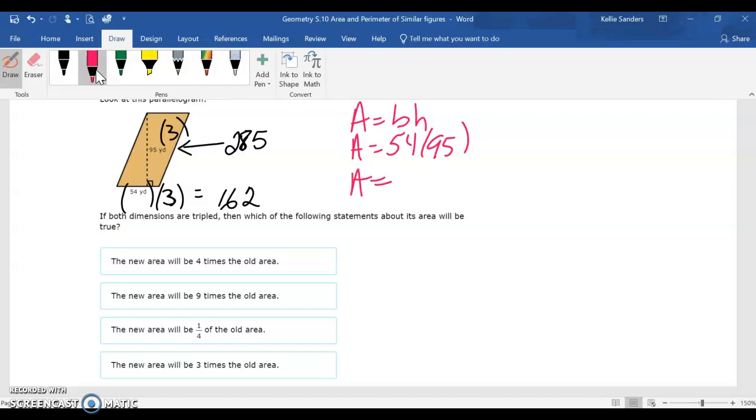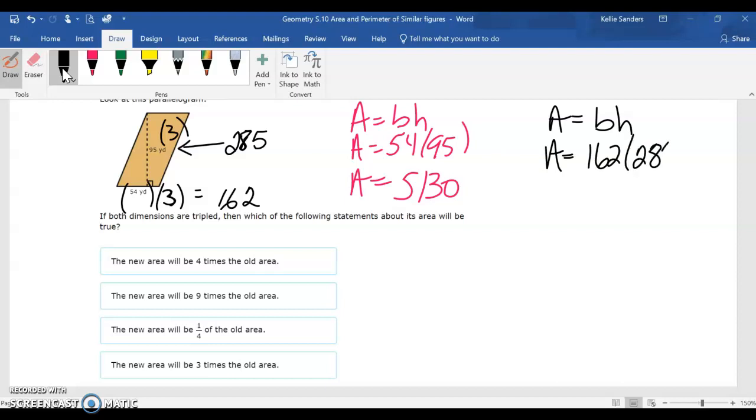I'm going to grab my calculator. 54 times 95 is 5,130. Then I'm going to do it again with my new dimensions, 162 times 285. So 162 times 285 is 46,170.